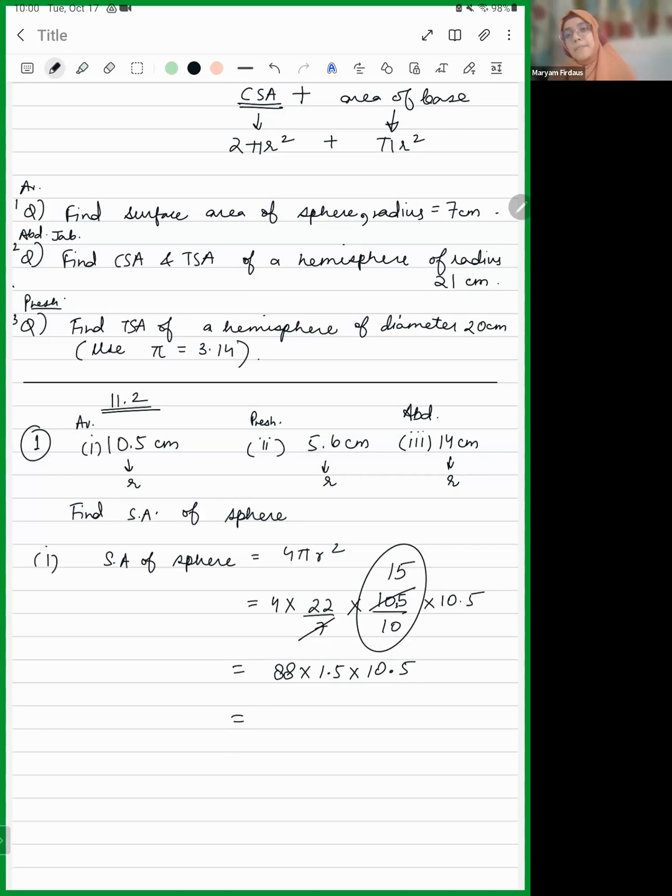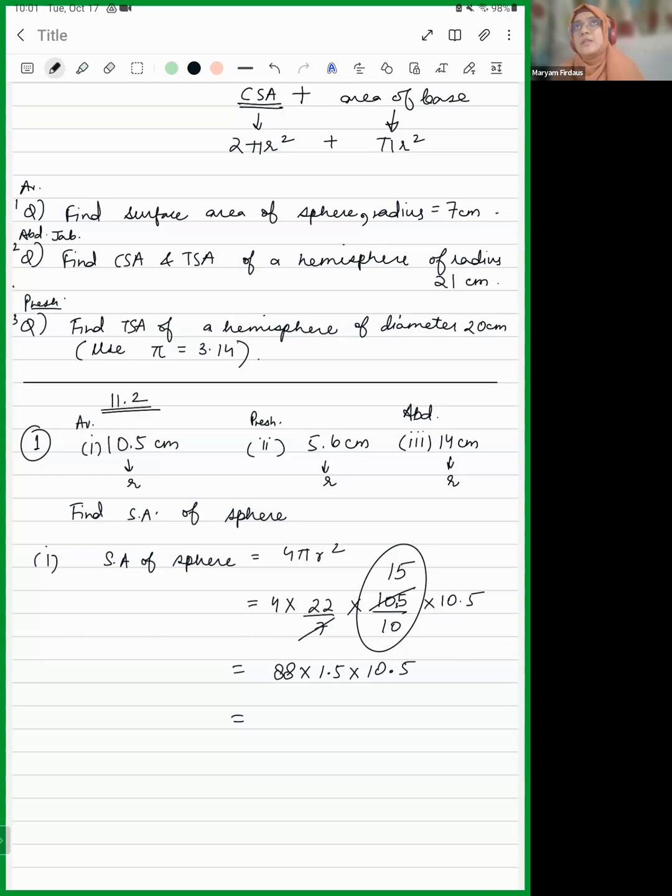But in a question, how will we find out if we have to use 3.14 or 22 by 7? See, for the sake of your exercises, they have mentioned at the top of the exercise that use pi as 22 by 7 unless stated otherwise. So you have to use it by default as 22 by 7.